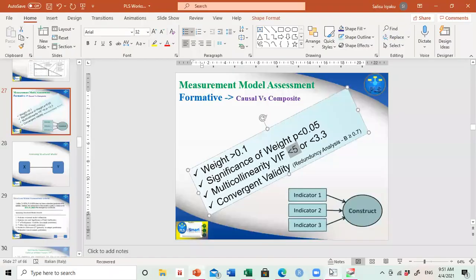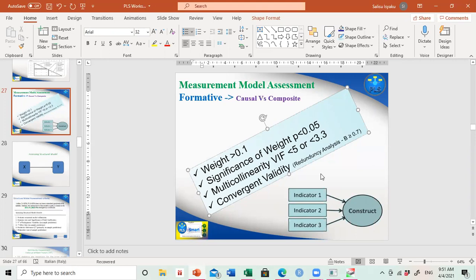The next, you check for convergent validity. This is a new way of testing whether the items are okay or not. How you run redundancy analysis is you have a construct that is formative. The first thing you do is try and get other items that are reflective in nature, that measure that same construct somewhere.